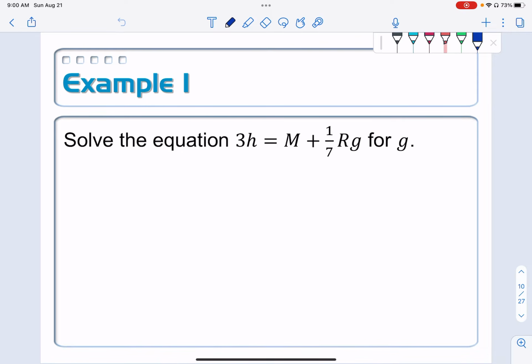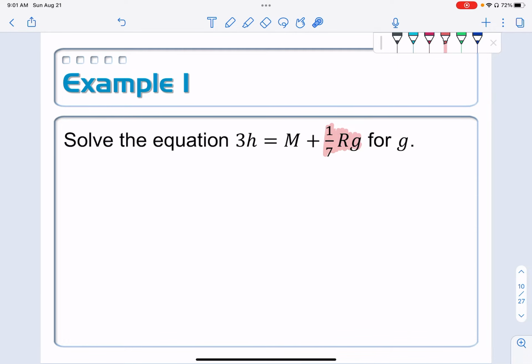Okay, now what I'm going to do is highlight the fact that the G, which we're going to solve for, is trapped within this whole entire term, which is 1/7 RG. So before we can get G by itself, we have to actually get this term by itself. Here's another tip. The fact that we have a fraction in here makes this a little bit more complicated of an equation to solve.